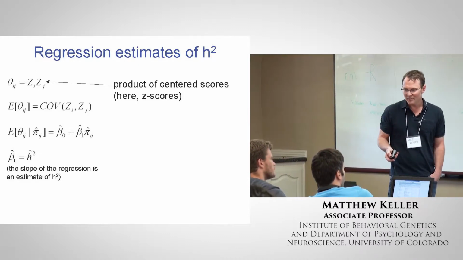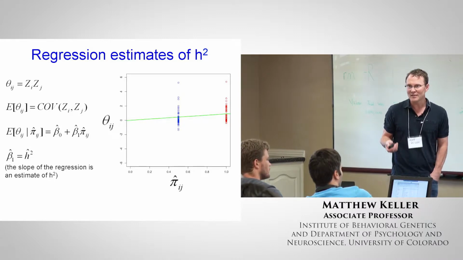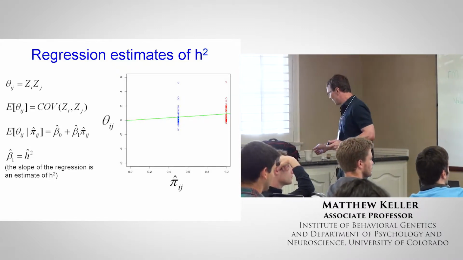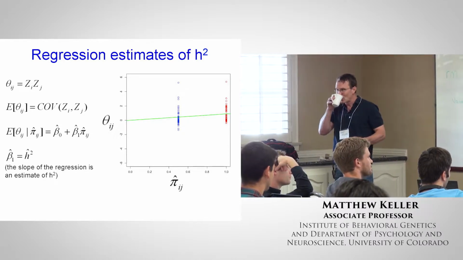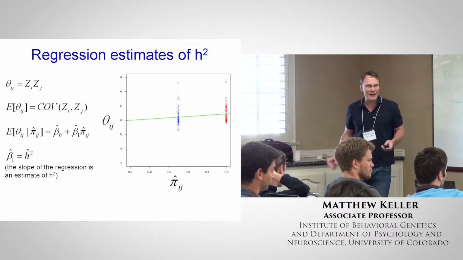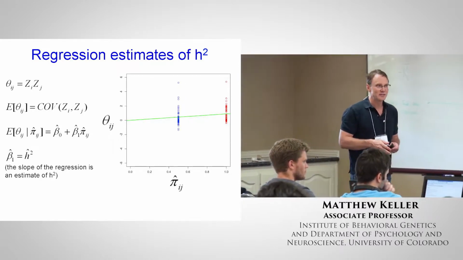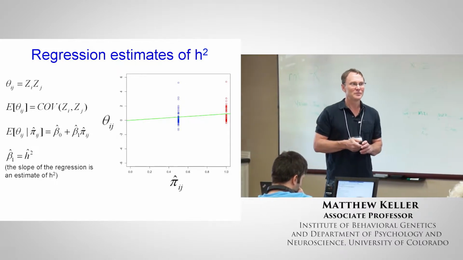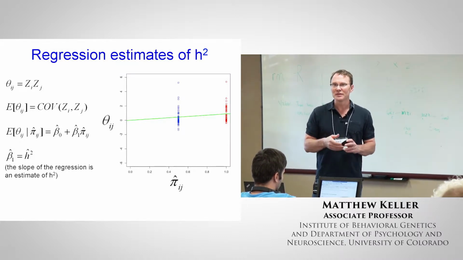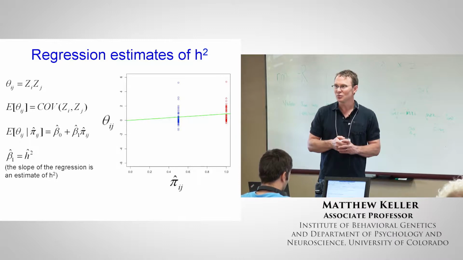So let's go through what I mean by all these terms. Let's go back and think about the twin model in this way of thinking about Haseman-Elston regression. The pi hat, the genetic relatedness between MZ twins, is 1, right? They're identical at all loci. And the additive genetic correlation, the pi hat between DZ twins, is 0.5.